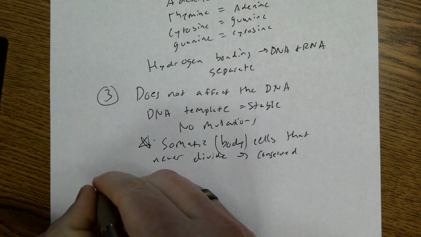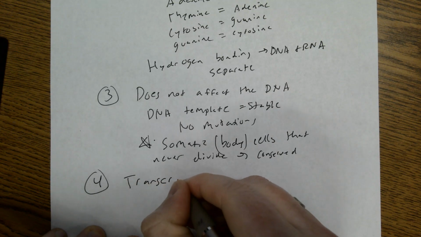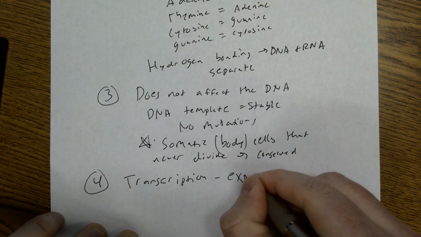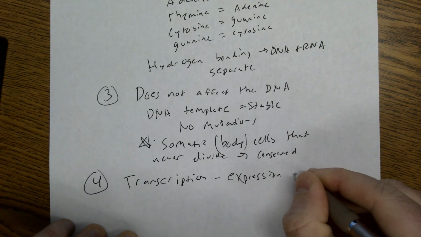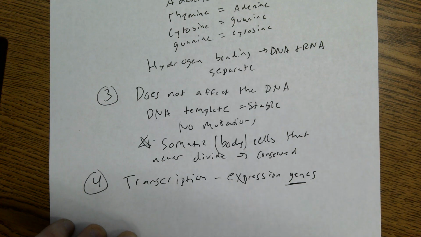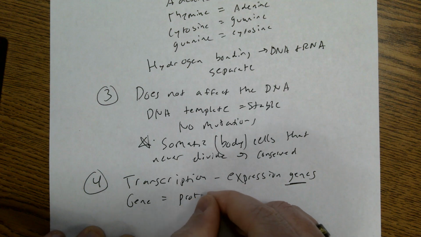Right. The last part of transcription for the SL standards is gene expression. And so it's the expression of genes. So when we say we're taking RNA from DNA, it's specifically genes. And so a gene codes for a protein.